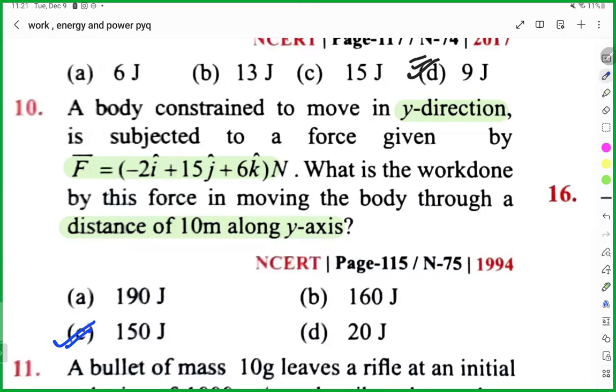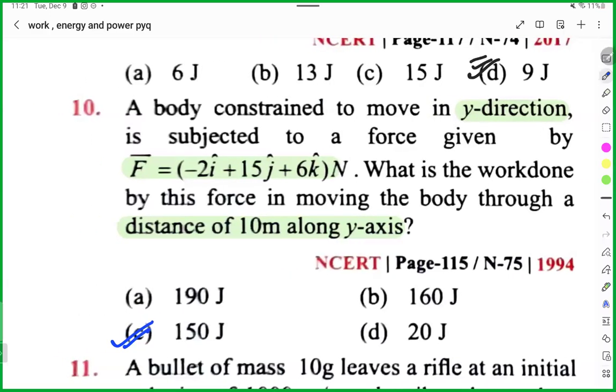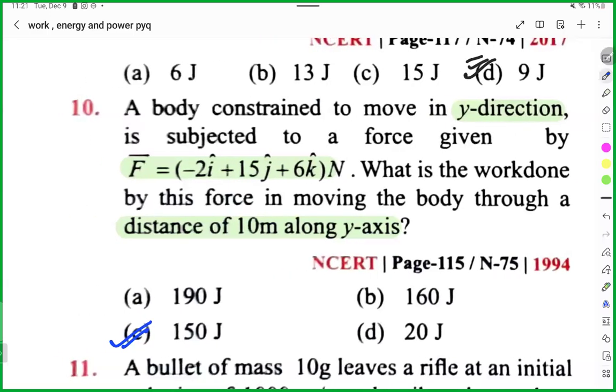Other people make it fast. So 150 joules. Anvita and Sarah.